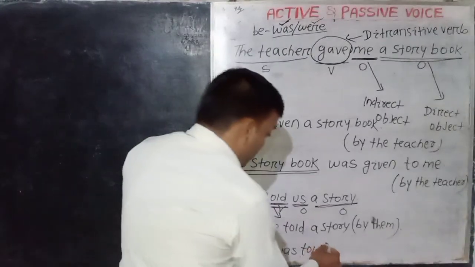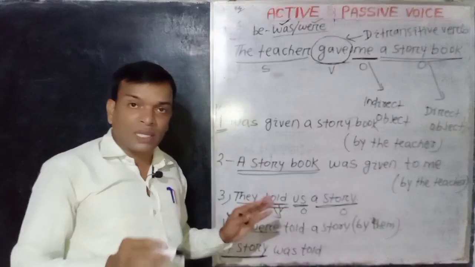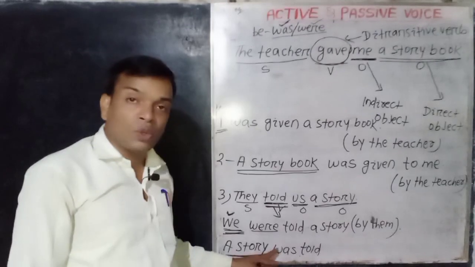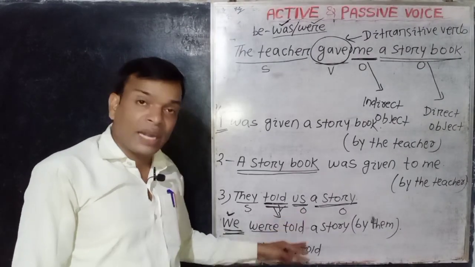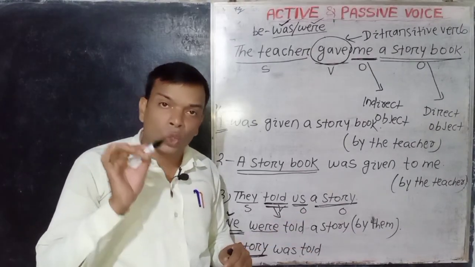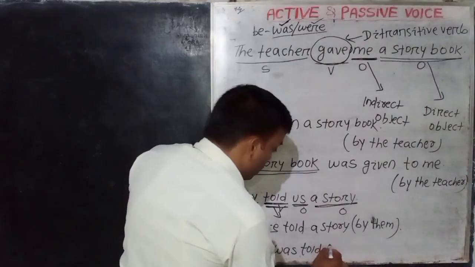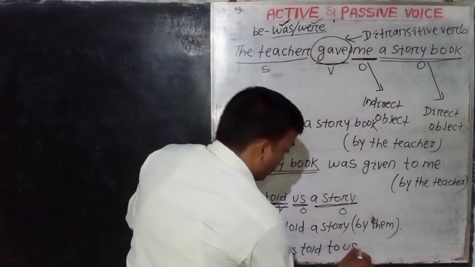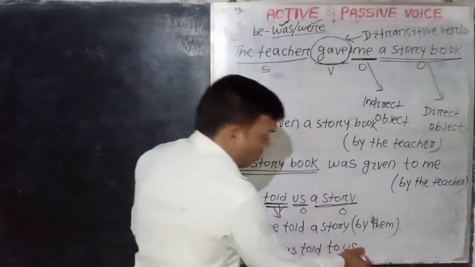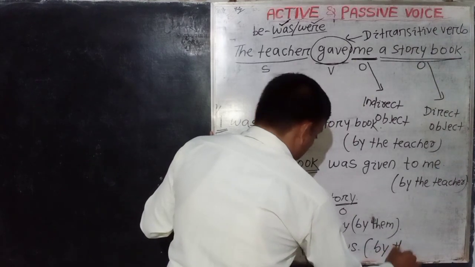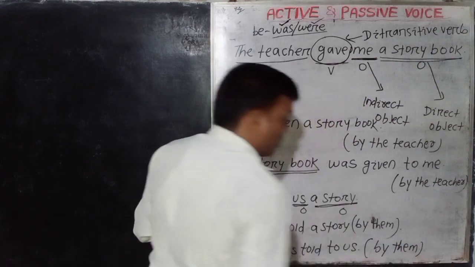Clear? Then the most important thing I am telling you again and again, remember, in this passive structure, when you write the indirect object, you must write it to plus that indirect object. That means a story was told to us. Here you mark the full stop or write by them, then full stop.